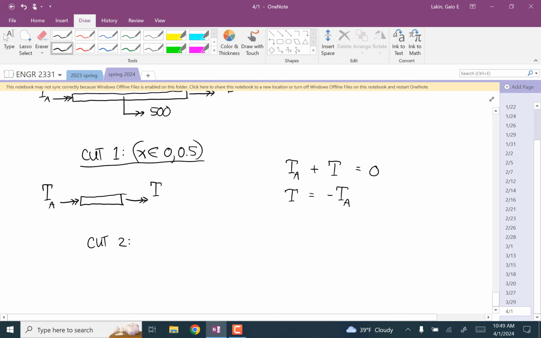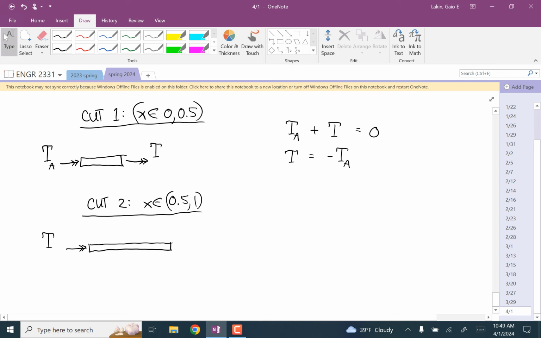And then cut 2 for x's between 0.5 and 1. There's torque A. This time we also have the 500.